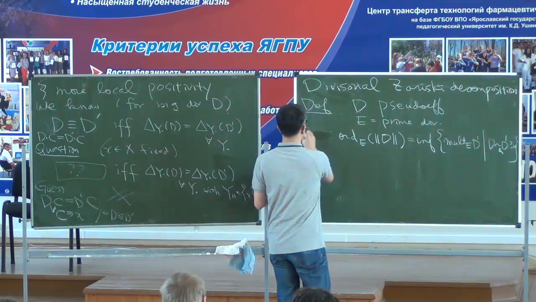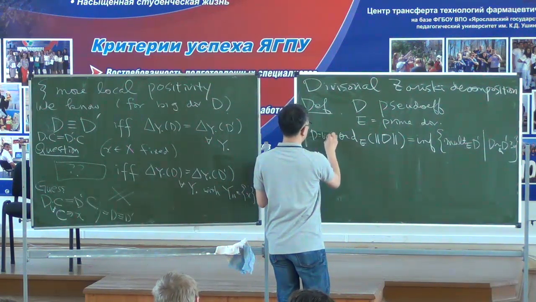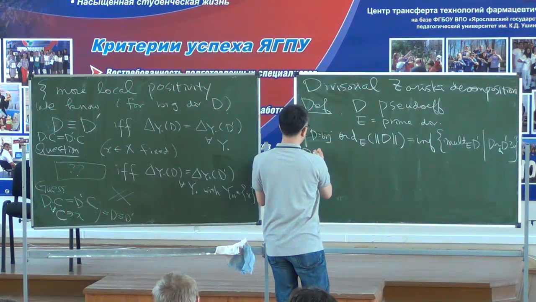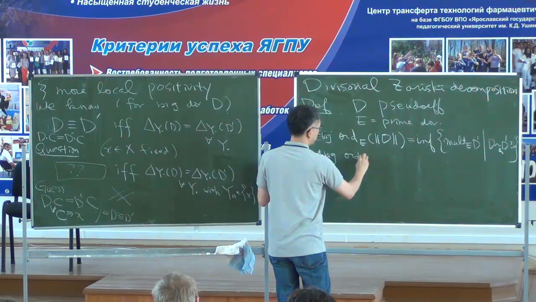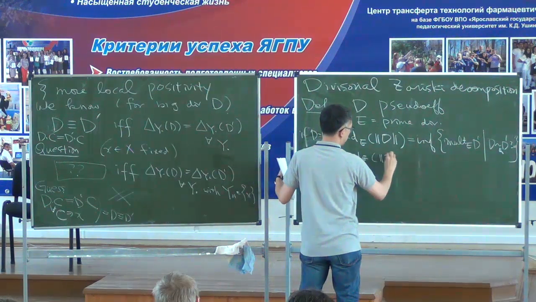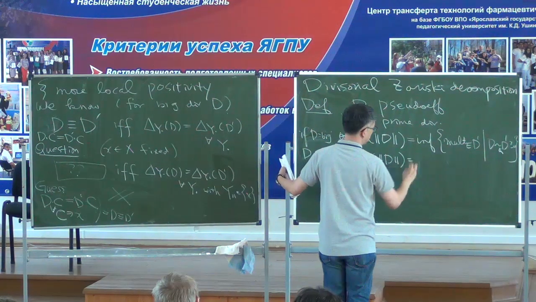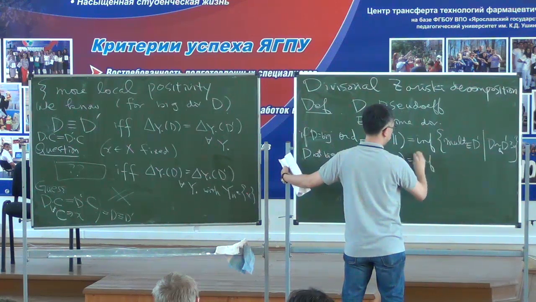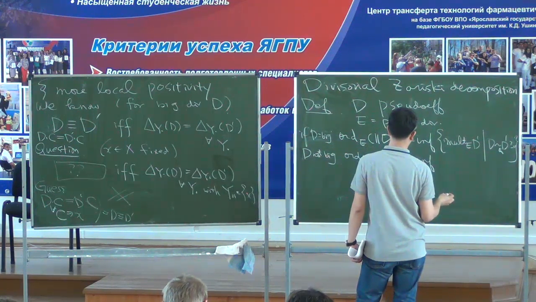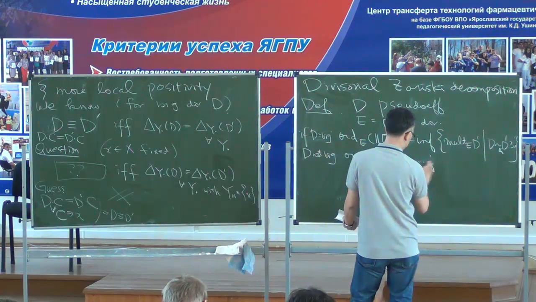So if D is big, if D is not big, order of D is the infimum. The limit.